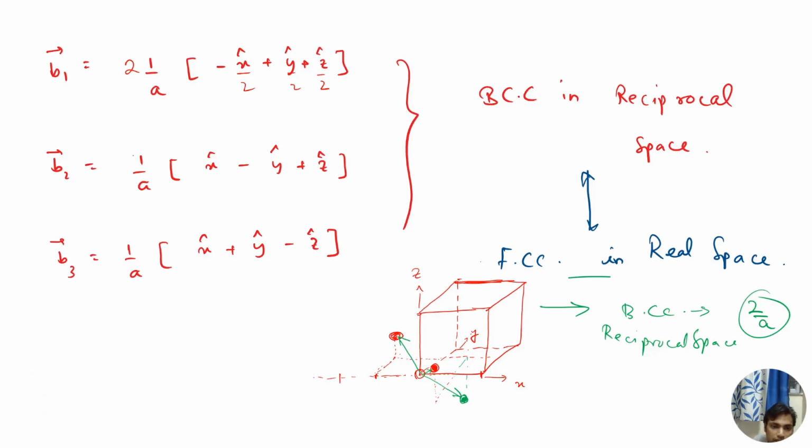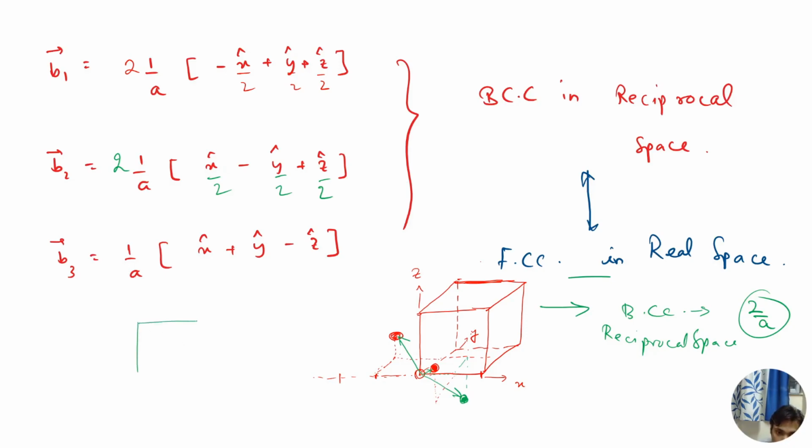Let me explain what this particular thing means. I am multiplying and dividing by 2. So let us start with a cube. This is the reciprocal lattice space of the crystal structure which was in real space, right?